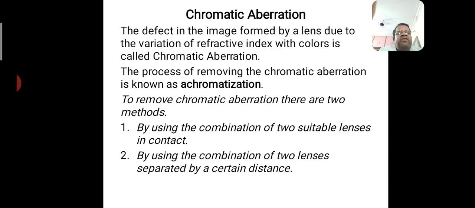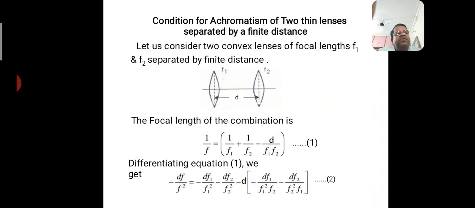In the previous session, you learned the first method. In this session, we have to discuss the second method, that is, how to remove the chromatic aberration by using two lenses separated by a certain distance. Observe here, the condition for achromatism of two thin lenses separated by a finite distance.